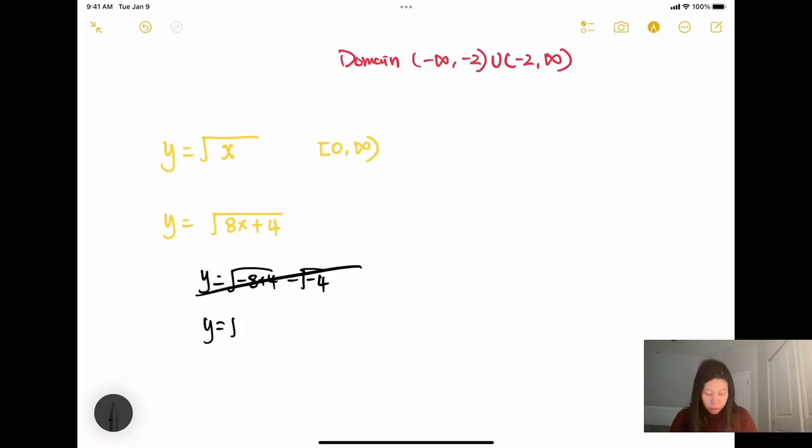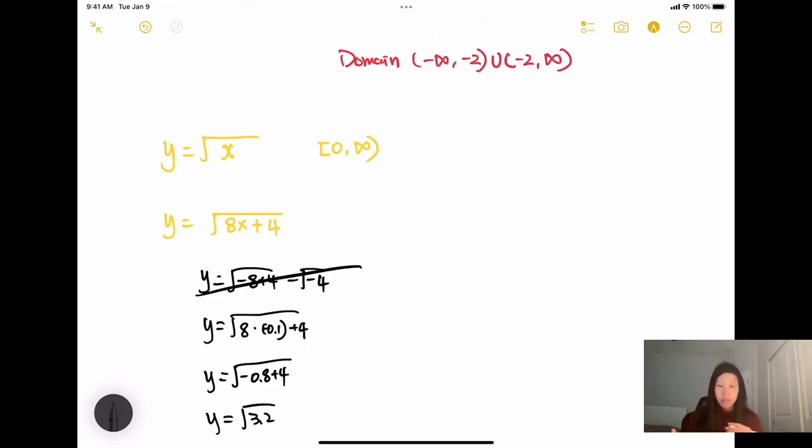So y equals the square root of 8 times negative 0.1 plus 4. So y equals the square root of negative 0.8 plus 4, so 3.2, which still works as a positive number under the square root. I don't know the exact answer; you can use a calculator to do it. So that means sometimes x can be a negative number, sometimes x can be a positive number.